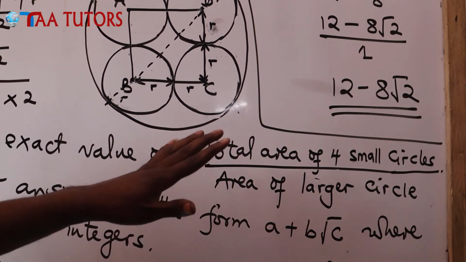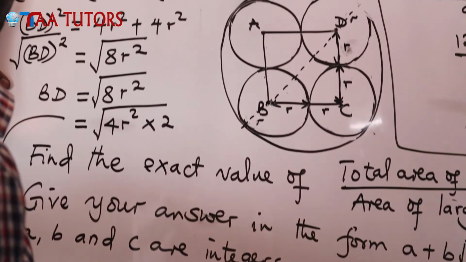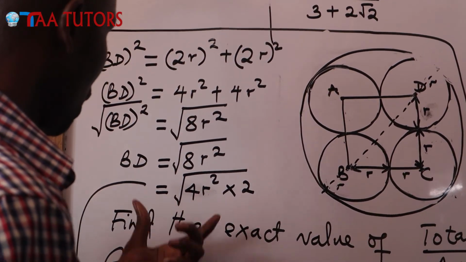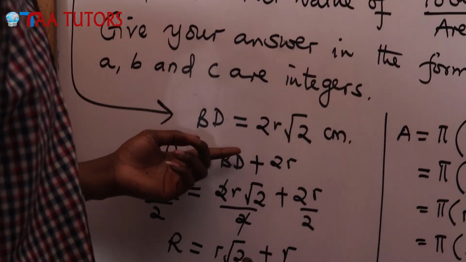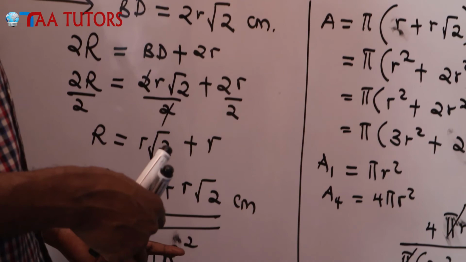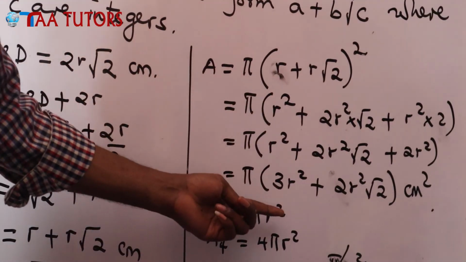You realize that it's a long way. We see where we started from, getting BD, which is the diagonal of the square. From BD, we are able to use BD with the radius to get the capital R, which is here. You use that one to get the area, which we got to be here. So this is the area finally.